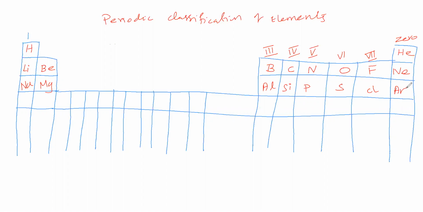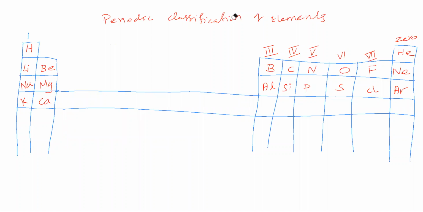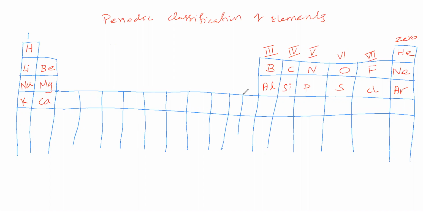Next, argon. Next, potassium, calcium. Calcium atomic number 20. Then atomic number 21 is scandium. We will place scandium here.